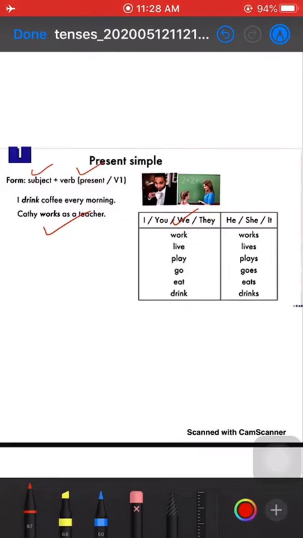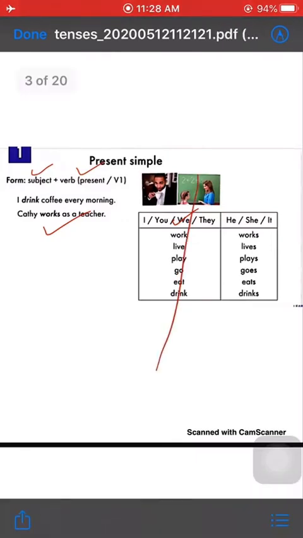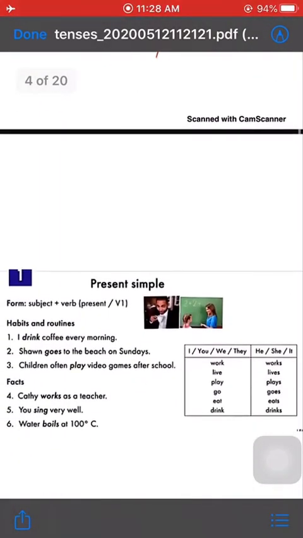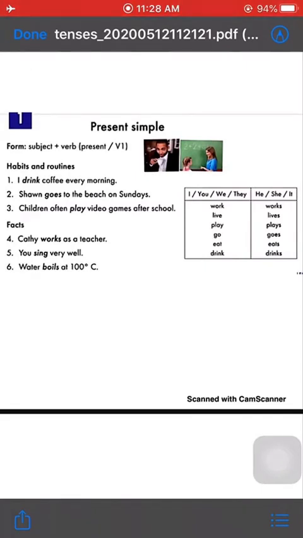Now the first sentence here talks about habits or routines that we usually do. Habits and routines means things that we usually do. For example, I drink coffee every morning. मतलब कि वो रोज कॉफी पीता है. Sean goes to the beach on Sundays. That means he usually goes to the beach on Sunday.